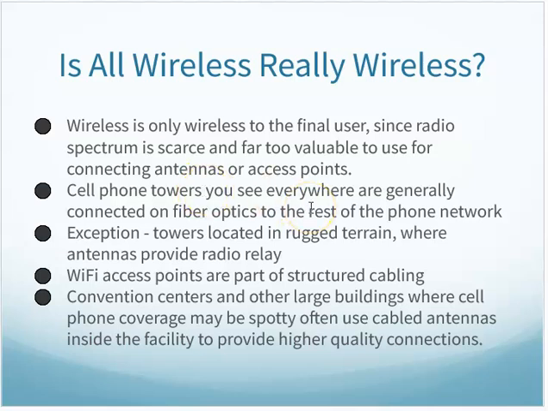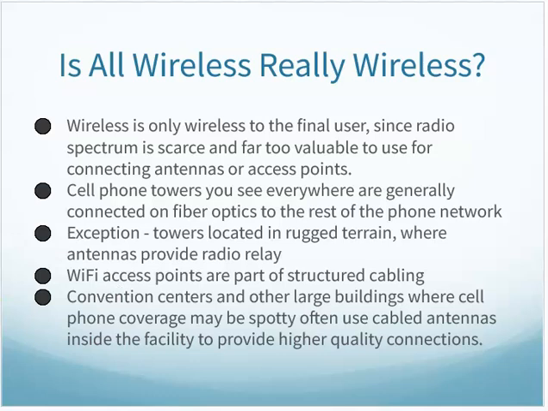Wireless is really only wireless for the final user, as we said. Cell towers that you see everywhere are generally connected to fiber optics to get back to the provider. Wi-Fi access points are part of structured cabling. Even convention centers using the distributed antenna system still have cabling to connect those antennas back to the equipment.